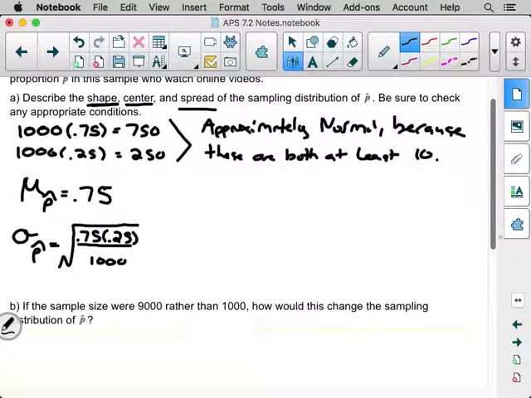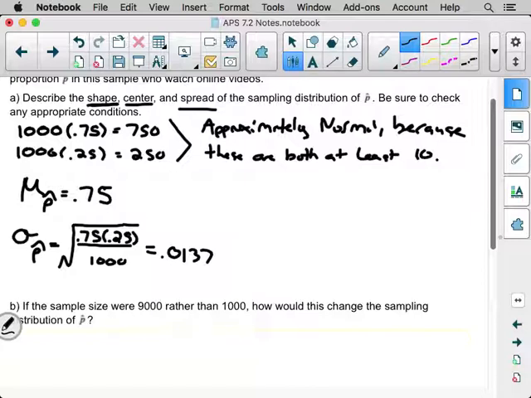Again, you don't have to have this memorized, okay? This is going to be in your formula packet that you get. So you just have to know when to use it. You don't have to have memorized what it actually is. When you do this calculation, 0.75 times 0.25 divided by 1,000 gives me 0.0137.